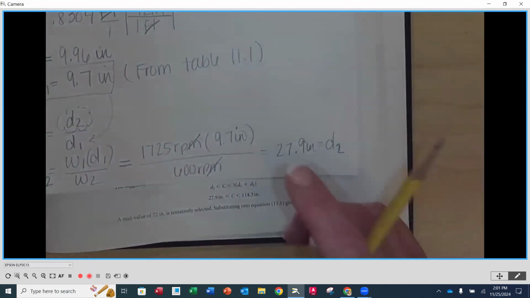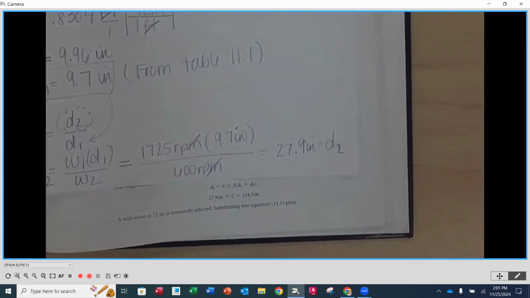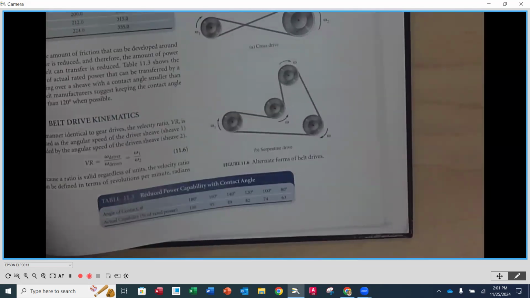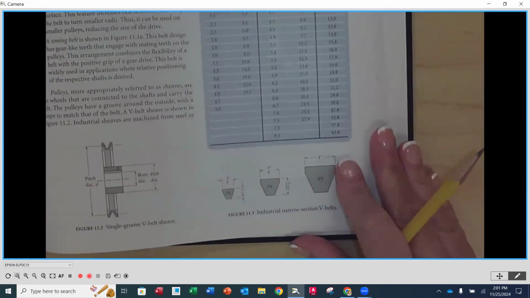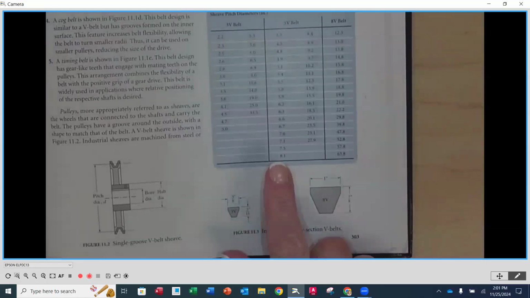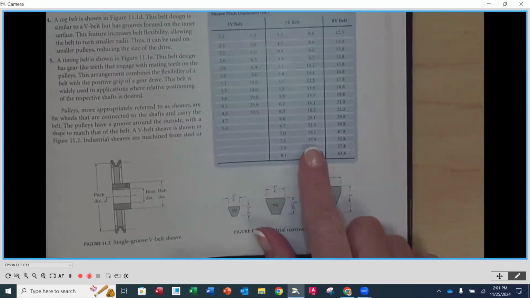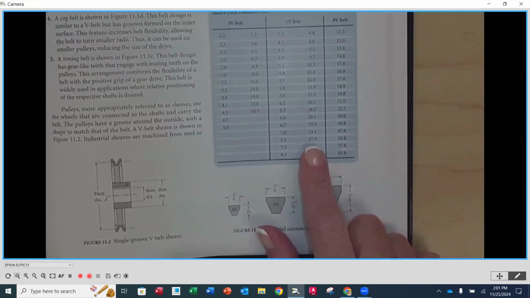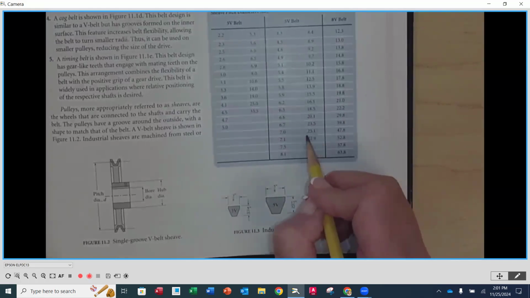Okay. So now remember, we have to pick a commercially available sheave. So we're going to go back to table 11.1, and we're going to look, is there a 27.9? There is. It's right at the end here, right? So it is commercially available.